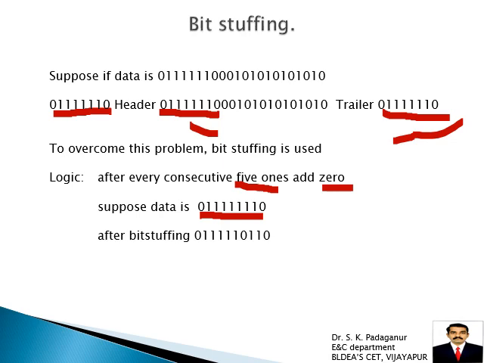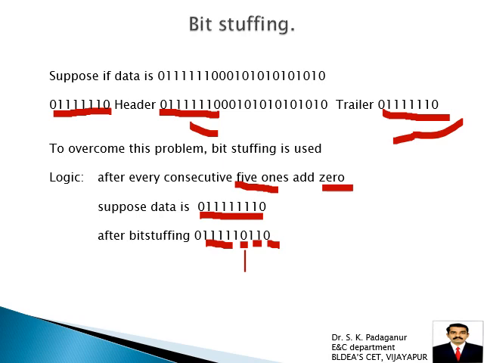After bit stuffing, it is 0, 5 ones, then we add a bit here, then two 1s, then 0, because the logic is that after every 5 consecutive ones we add a 0. So why is bit stuffing used? To overcome the problem of the flag bit stream appearing in the data. Why are we adding 0 after 5 consecutive ones? Because the flag bit stream is 0 1 1 1 1 1 1 0. To avoid the confusion between flag and data, we add a 0 after consecutive ones in the data itself. This is the logic for bit stuffing.